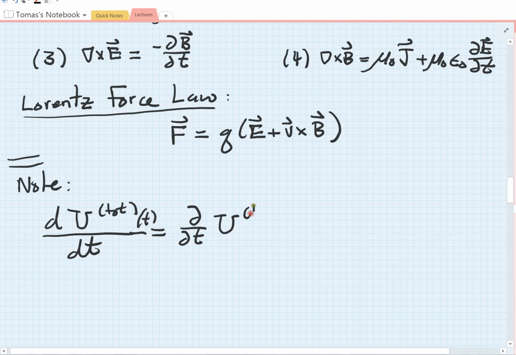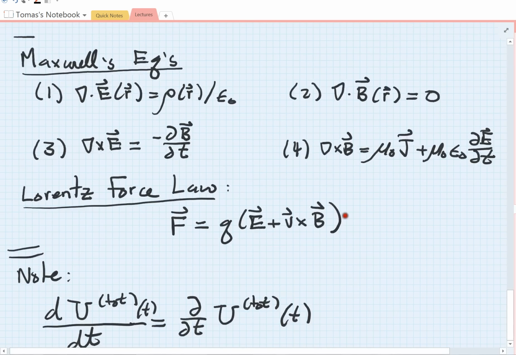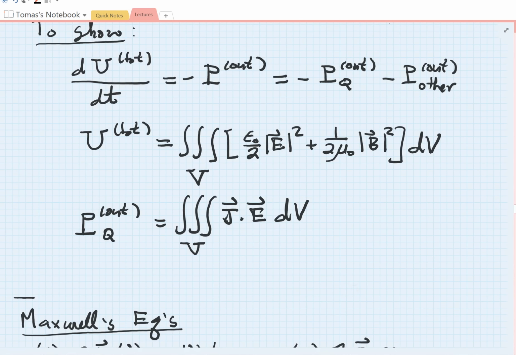Now, here comes one of the key mathematical steps. When I look at my formula for the total energy, it's an integral over different locations in space. And I want the time derivative of this. But as we know, an integral over space is really just a sum over spatial locations.